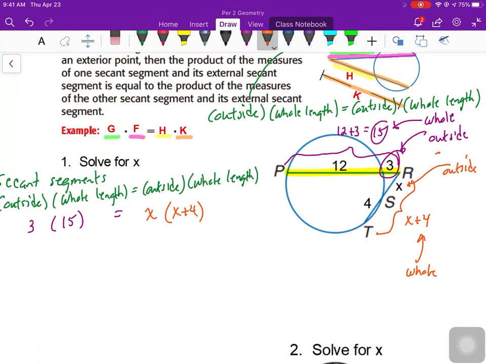And that's what we have to solve. This, of course, is going to require some algebra. So let's go ahead and do the algebra. When we take 3 times 15, we get 45. On the other side, we'll distribute x squared plus 4x. We have to get 0 on one side, so we subtract 45.